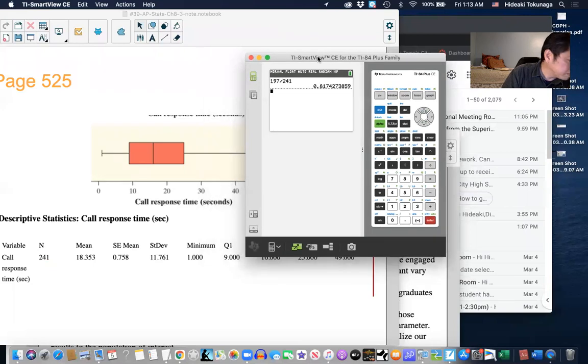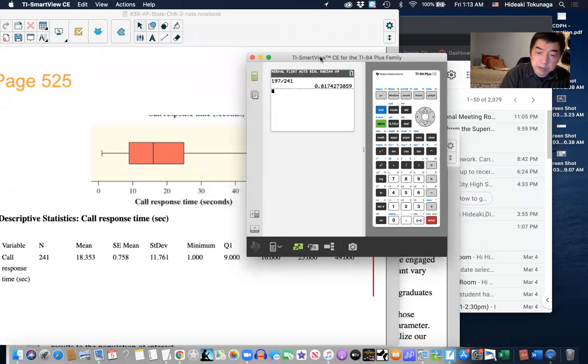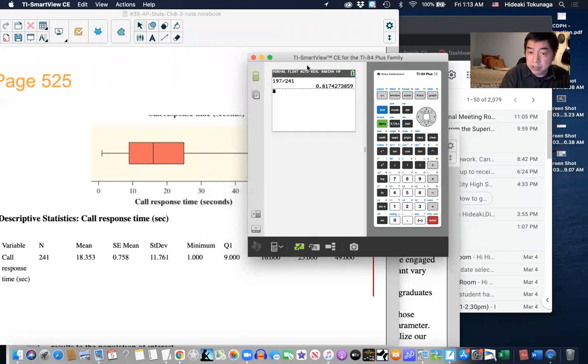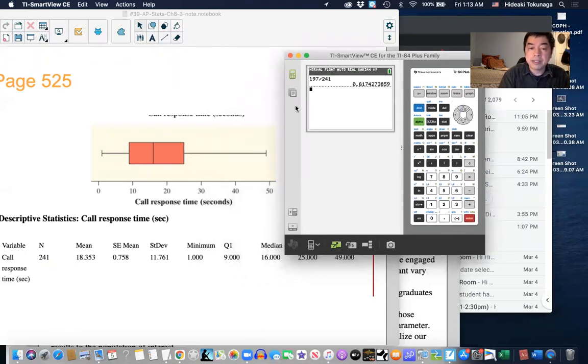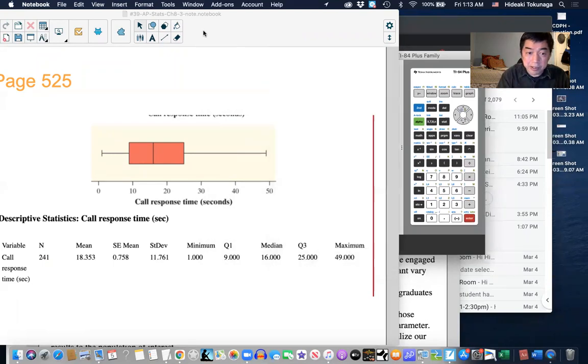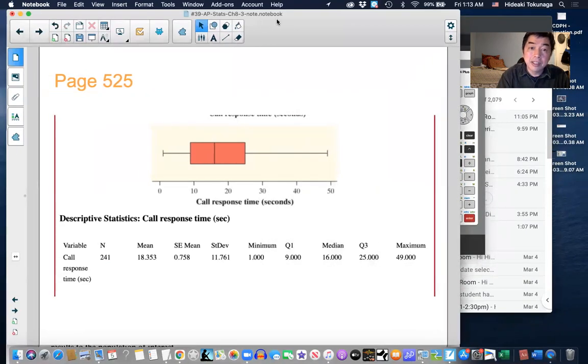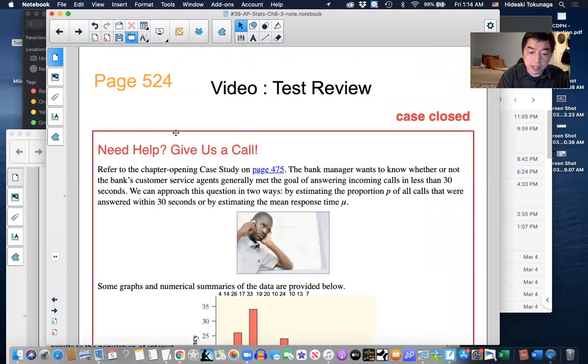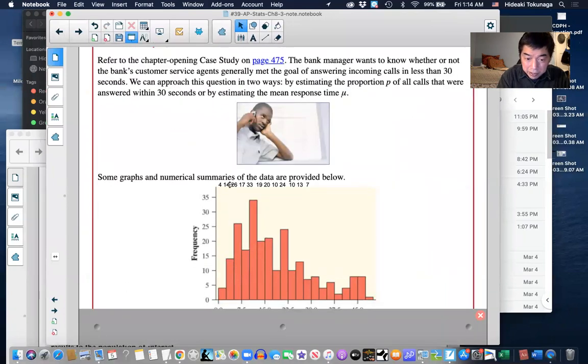Let's see. Your answer key is 83%. So ironically it matches the normal CDF, but I think my eyes are a little bit not accurate to count this way.